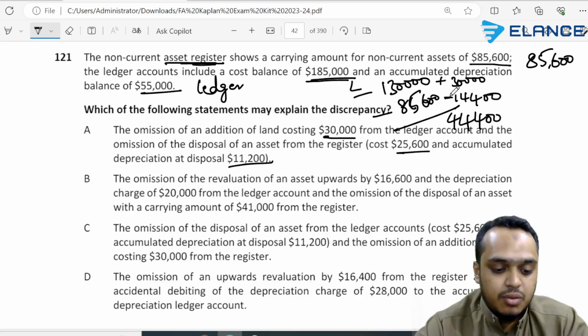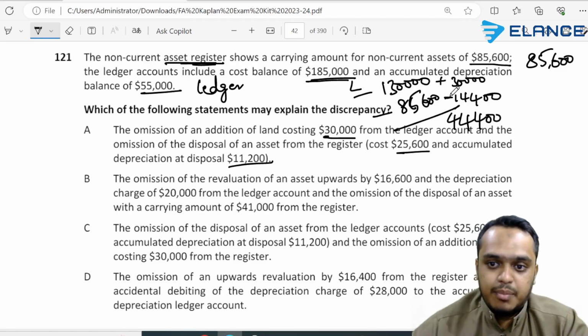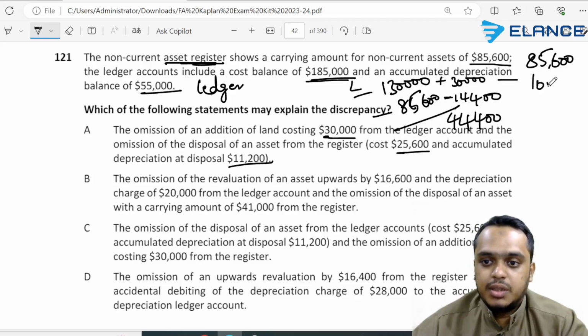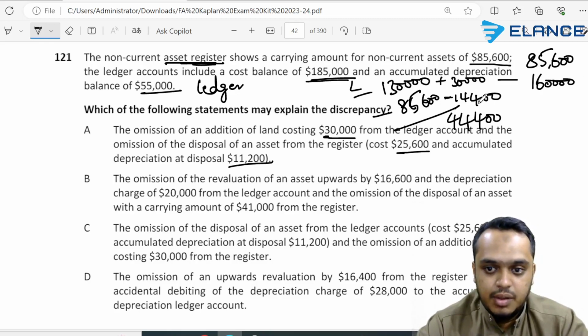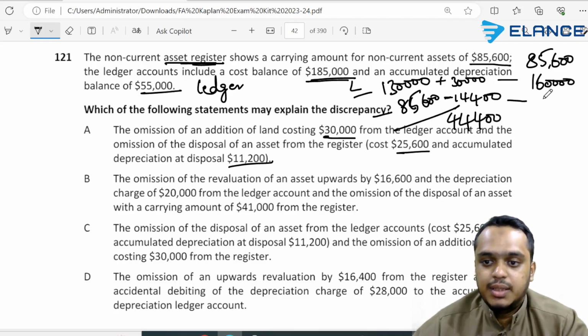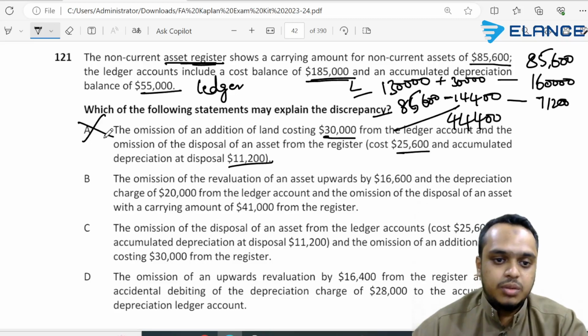Now if I'm adding this 30,000 up here, it would be 160,000, and here 85,600 minus 14,400 would become 71,200. So that does not make sense at all. So this option I'm going to rule out.